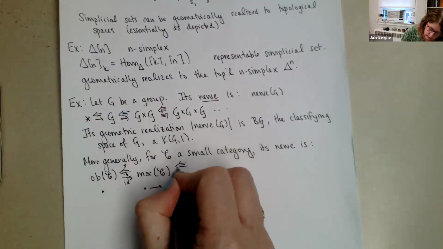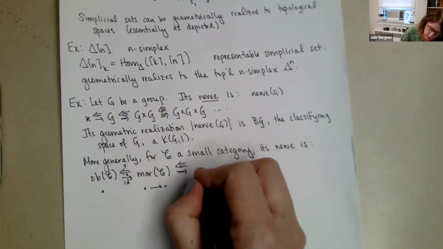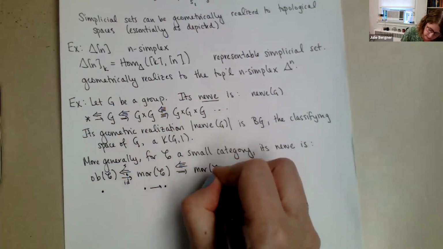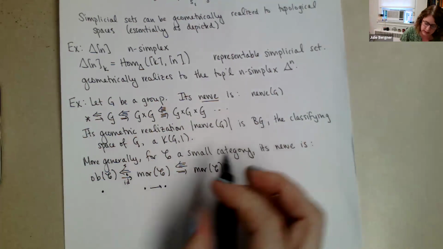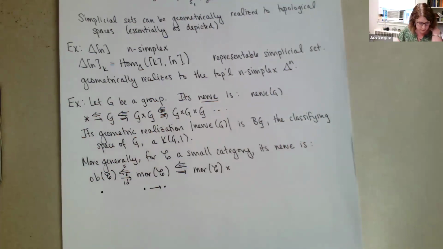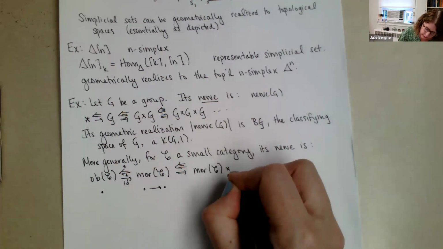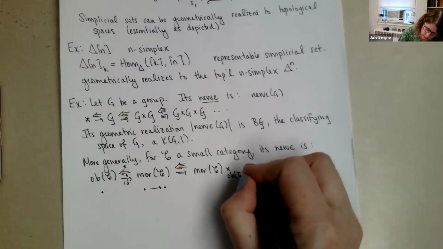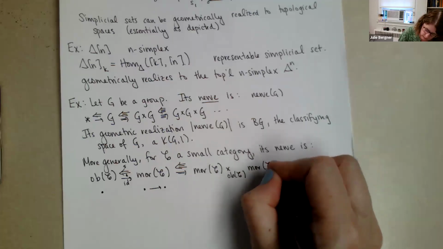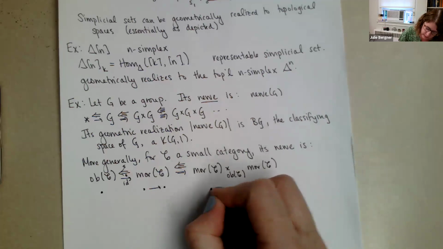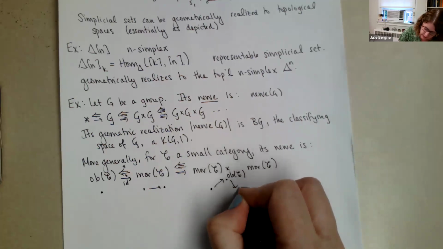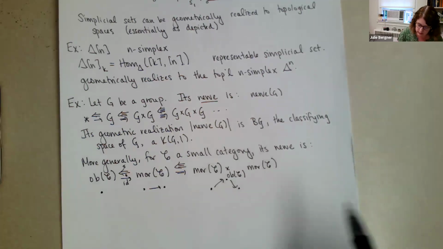Then for our 2-simplices, we take pairs of composable morphisms. Unlike in the case of a group, we can't just take a product; we need to take morphisms that can compose with each other. And this looks like a picture we saw earlier. We have two arrows, the source of one is the target of the other.